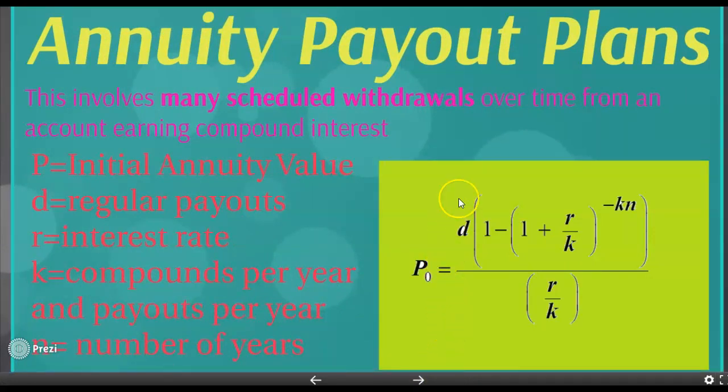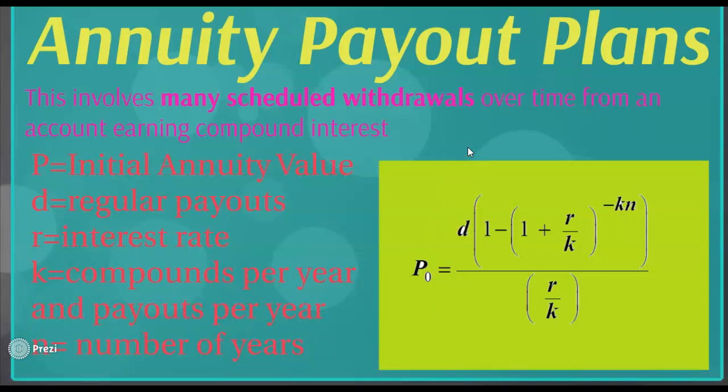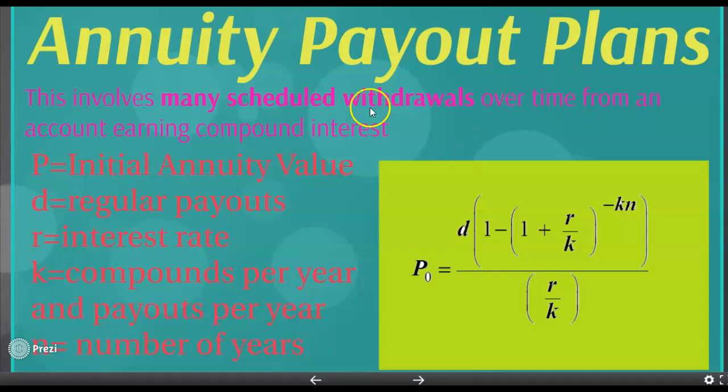Now this is an example that, let's say on a page of your notes that you are summarizing each subunit, subtopic, that you kind of jot down when it's used. There's many scheduled withdrawals in this case, and you have the formula for that particular topic, and then the meaning of every one of the variables in the formula.